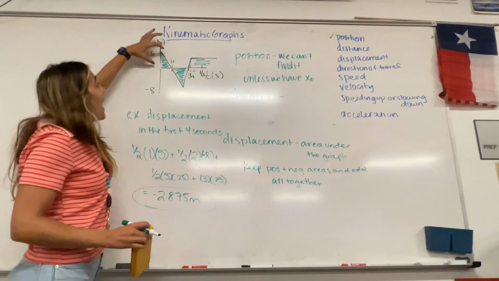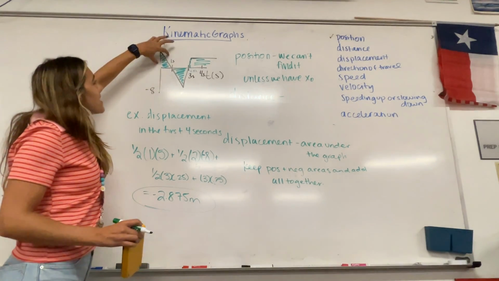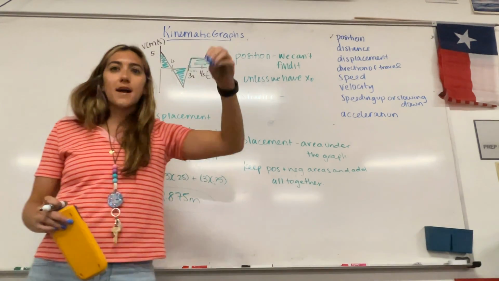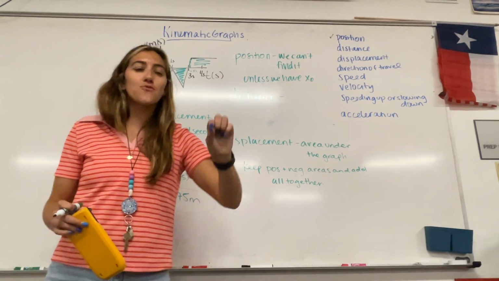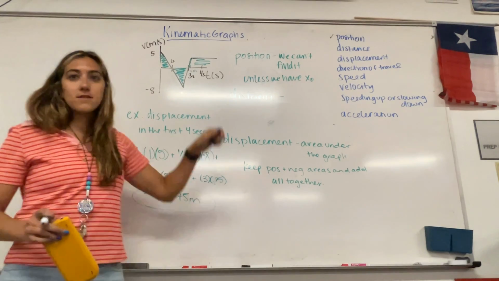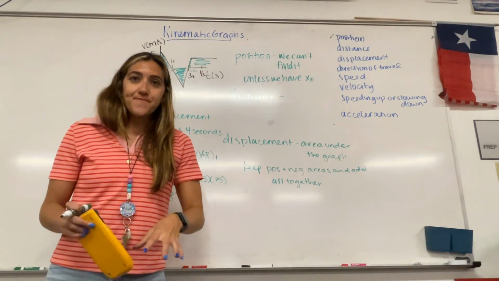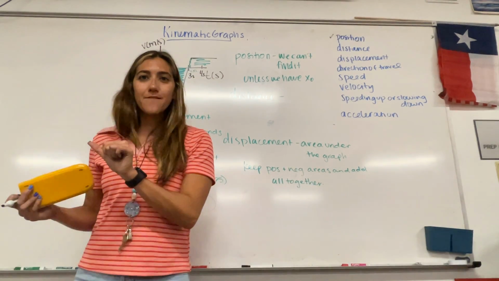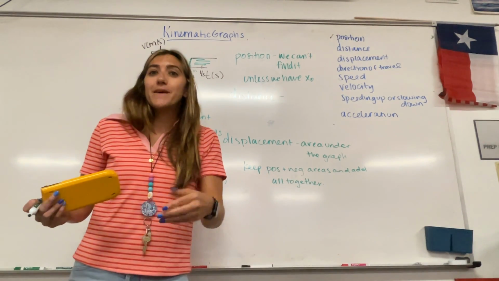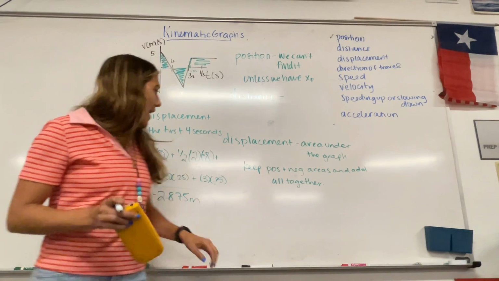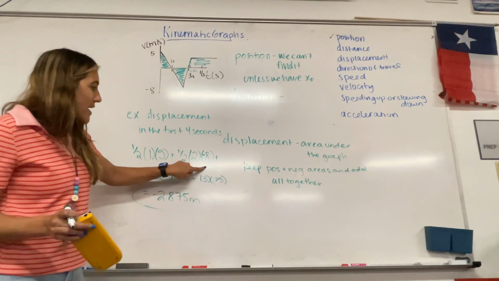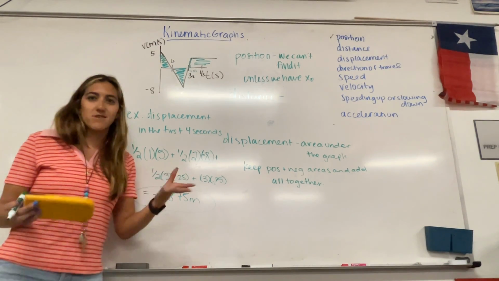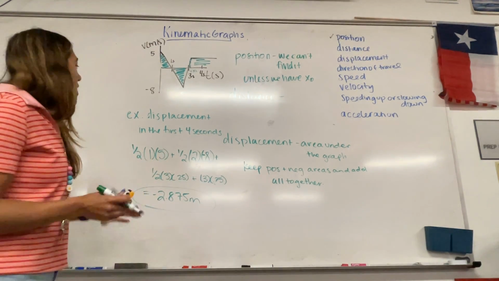When I was having a positive velocity, that was above the x-axis. We'll talk about that in a second. Above the x-axis means positive velocity. I change direction when I go under the x-axis. So I did some of this going in a positive direction and some of it going in a negative direction, which means my displacement nets between those two. I have to add the positive and the negative, and I end up with this. Sorry it wasn't a pretty number. I try to do better. All right.